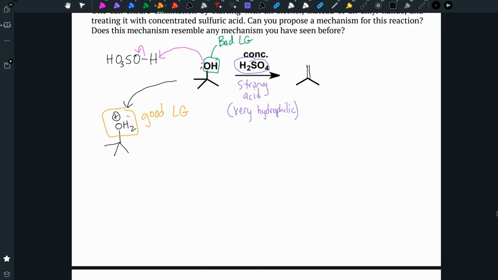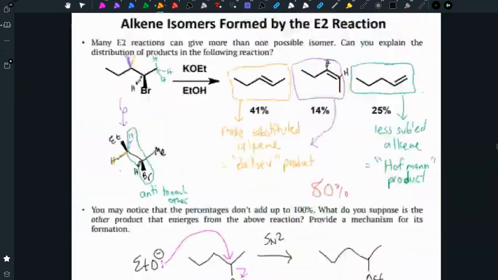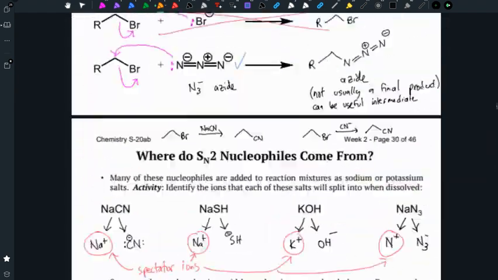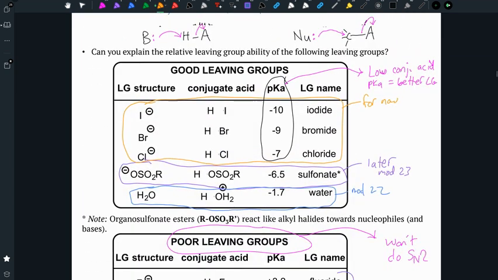And the reason is, if it leaves before being protonated, it would be OH minus. That's a strong base. We saw before, way back in the SN2 reaction, when we talked about leaving group ability, we said good leaving groups are going to be the conjugate bases of strong acids.